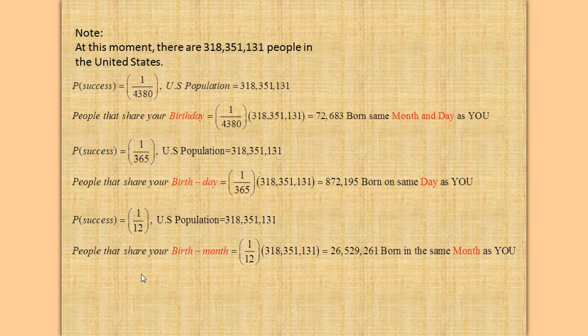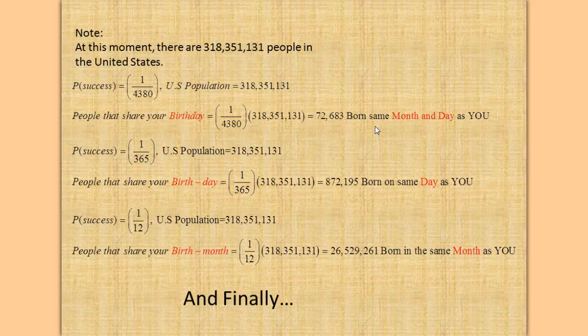Multiply that by the population. The people that share your birth month in the United States is 26,529,261 people born in the same month as you. And these are the correct numbers. So there's 72,683 people that share your same month and day in the United States.